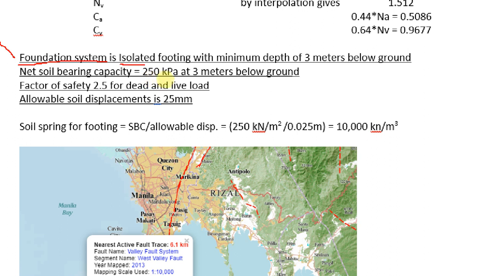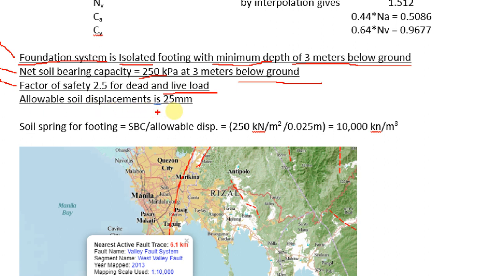And net soil bearing capacity, they give us the value of 250 kPa at 3 meters below the ground. Then the factor of safety is 2.5 for dead and live load. Then the allowable soil displacement is 25 mm. Okay?